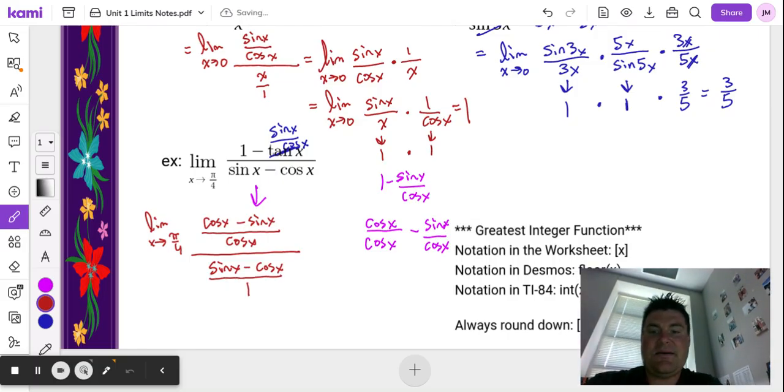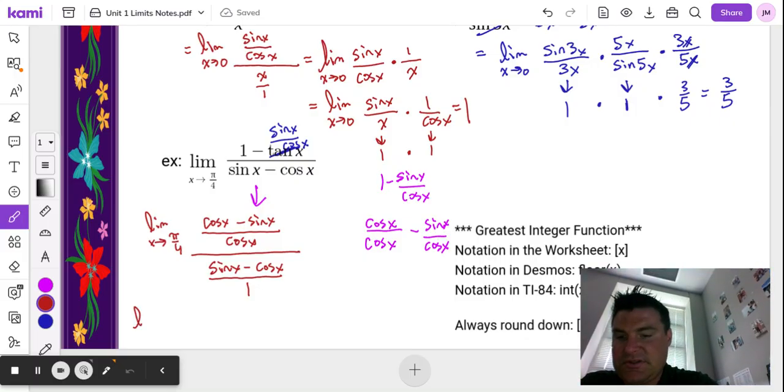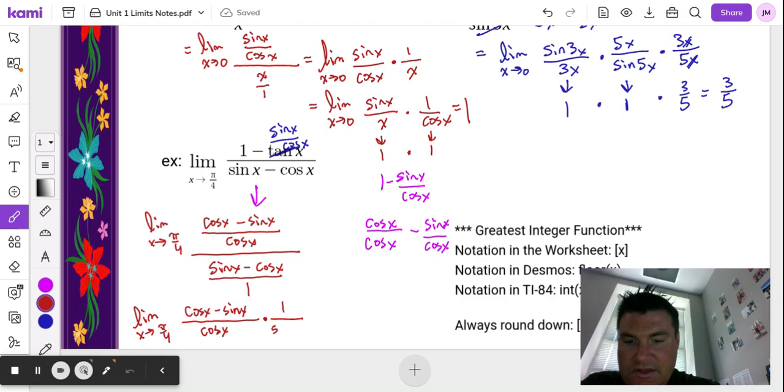So since I am dividing a fraction, I'm going to multiply by the reciprocal. So this is equivalent to the limit as x goes to pi over 4 of cosine x minus sine x all over cosine x times 1 over sine x minus cosine x.